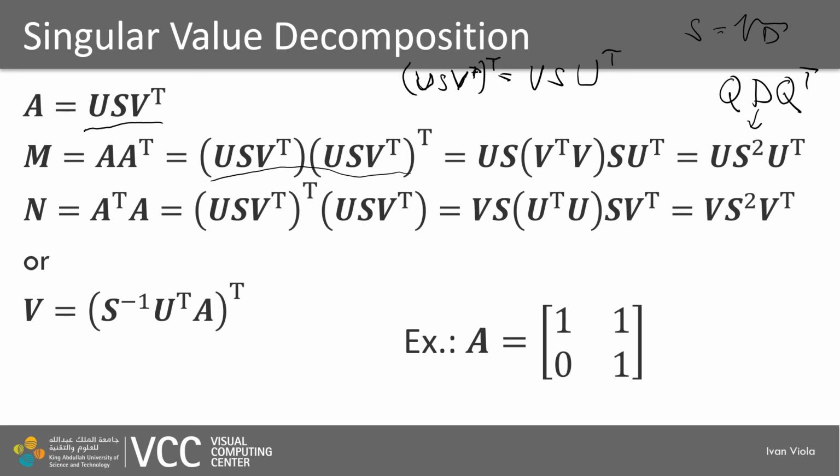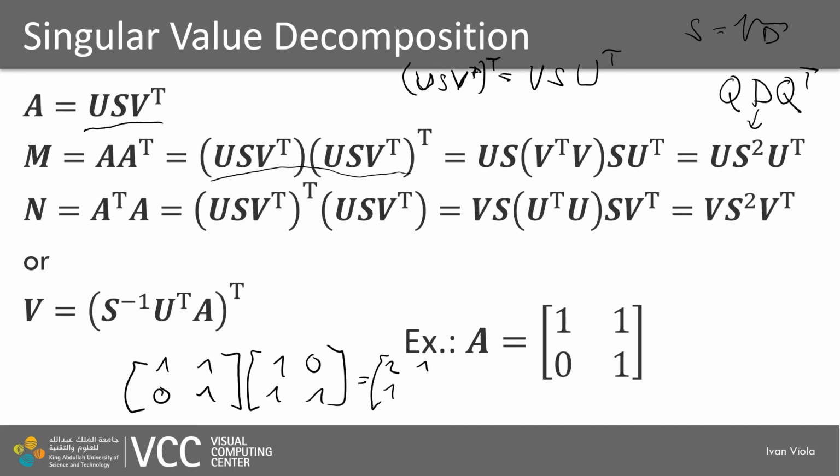So if we calculate now the A transpose product, so 1, 1, 0, 1 times 1, 1, 1, 0 is equal to, now let's calculate, 1 times 1 plus 1 times 1 is 2, and then 1 times 0 plus 1 times 1 is 1, and for this row we have again 1, and for this row we have again 1.